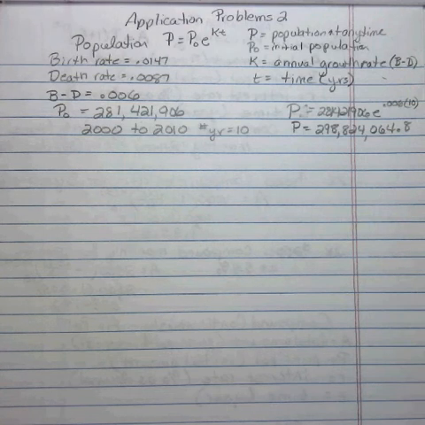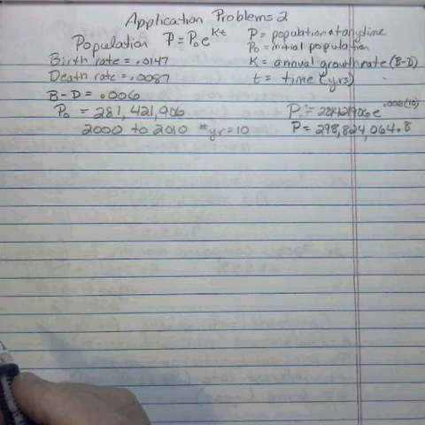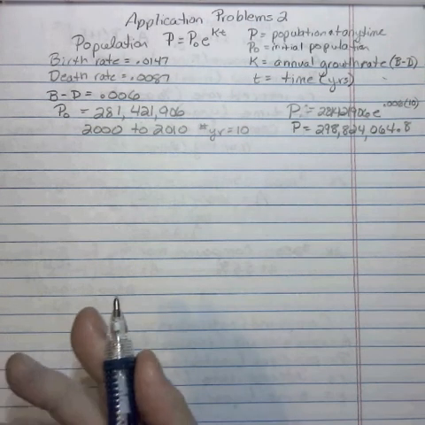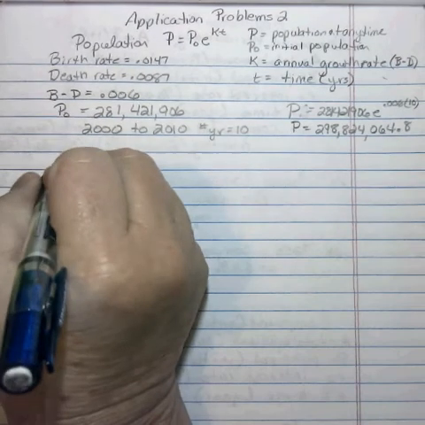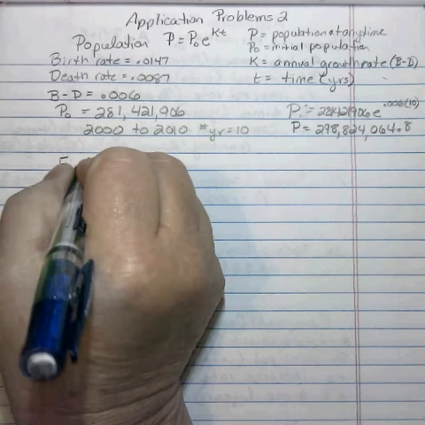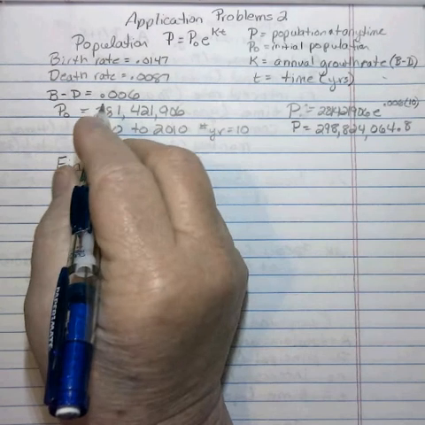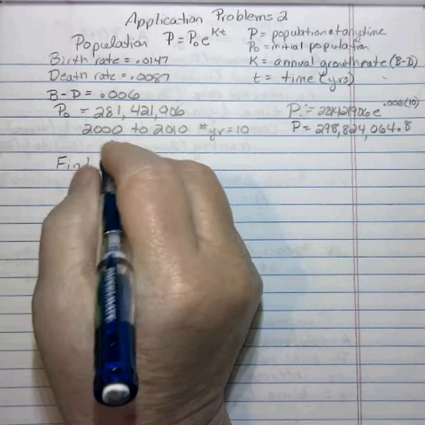Another variation of a problem that's using our interest rate formula is to find how long does it take to double your money if you left it invested.